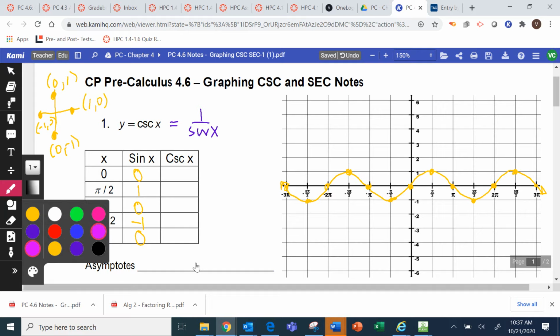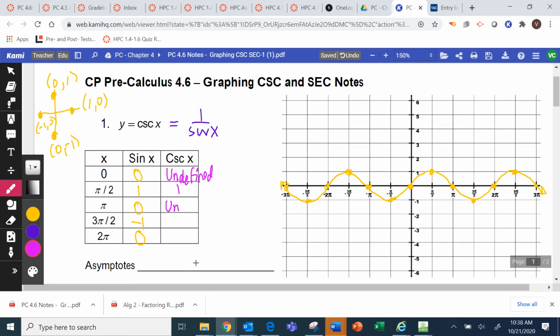So for cosecant, I'm going to reciprocate each of the sine values. So my first sine value is 0. What happens when I do the reciprocal of 0? I get undefined. The reciprocal of 1 is 1. The reciprocal of 0 is undefined.